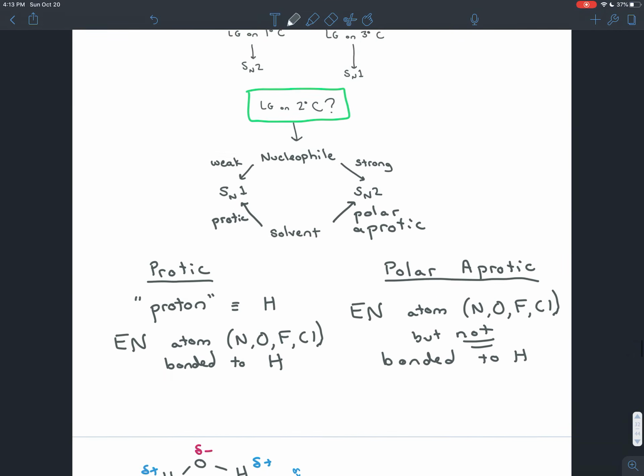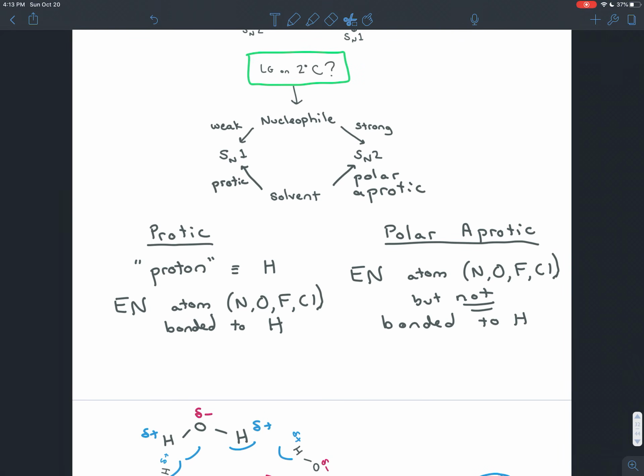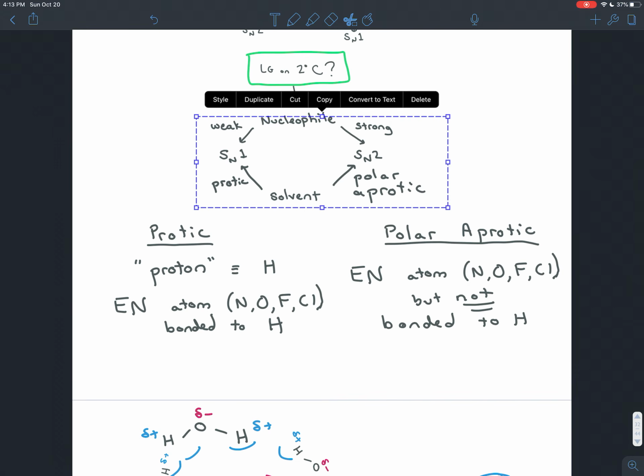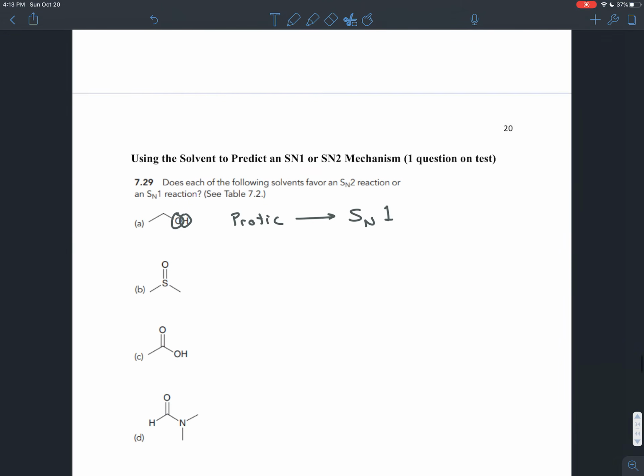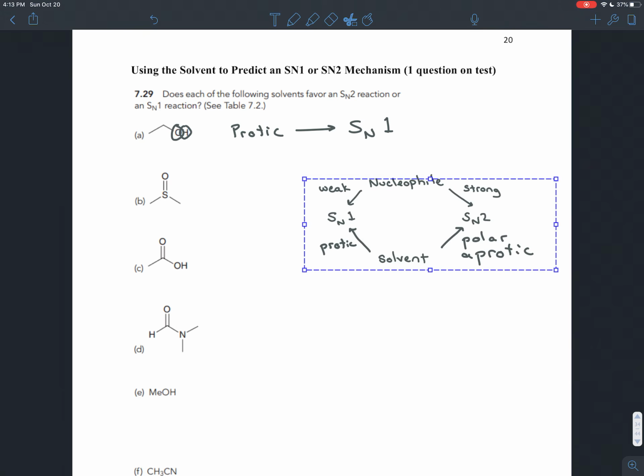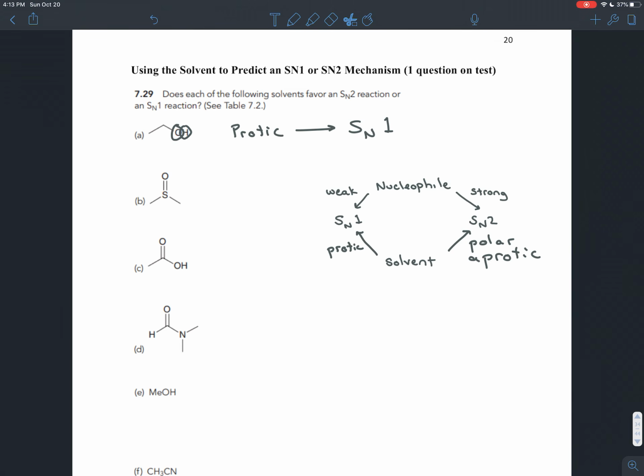It'll form shells around it. Here we have DMSO, dimethyl sulfoxide. You can see you have the oxygen, but it's not bonded to hydrogen, so it's polar aprotic. Well, that favors an SN2 mechanism.